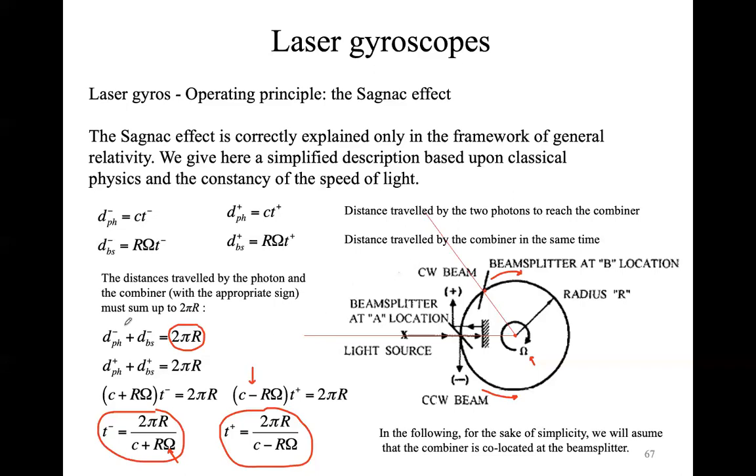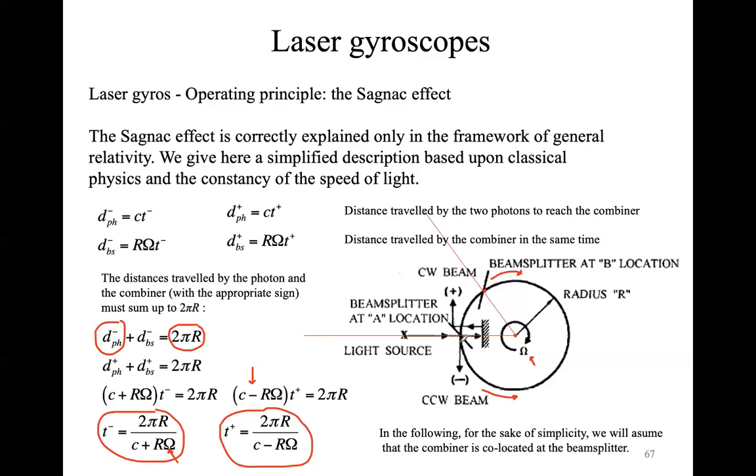So when you do the sum of the path of the photon, this is the path of the photon that is moving anti-clockwise, and this is the path of the beam splitter, so your detector. With respect to the photon, the photon is moving with the speed of light velocity. But you have to consider that the beam splitter is moving in the opposite direction of the anti-clockwise direction.